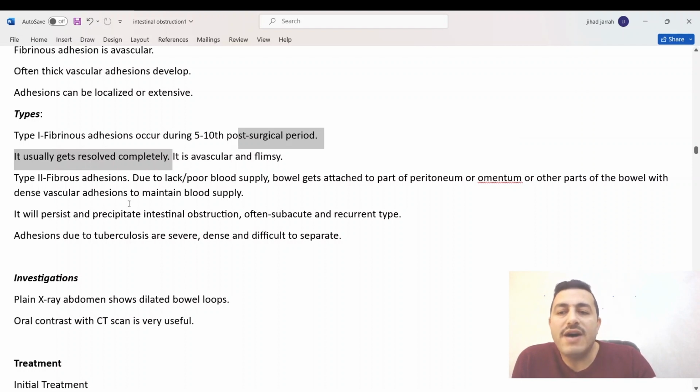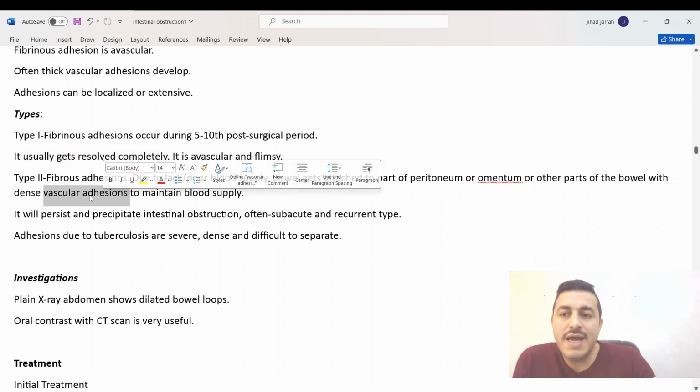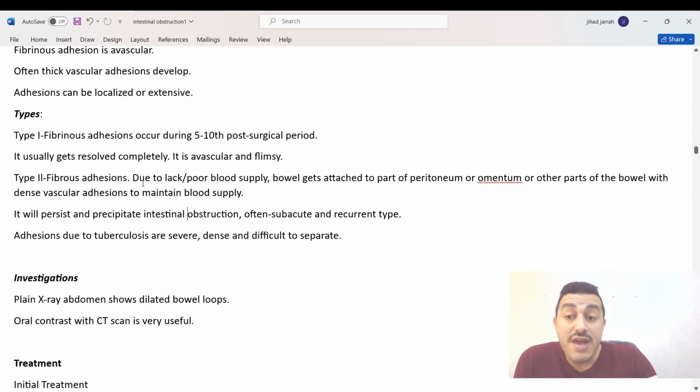They are vascular adhesions, and the role of this adhesion, as you can see here, is due to poor blood supply. So the bowel gets attached to part of the omentum or the peritoneum, so that part can supply the ischemic part. We have to remember that they are vascular. So this adhesion can maintain blood supply.